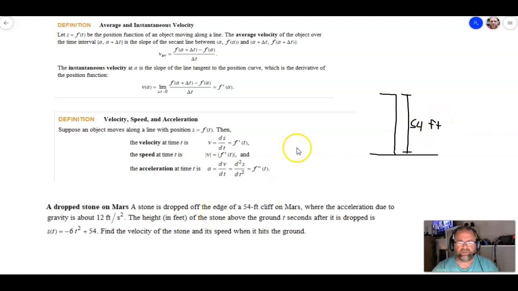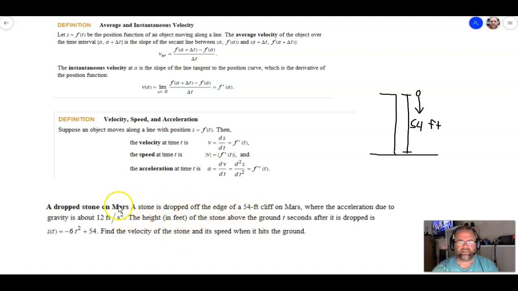And we are dropping the stone off right here. So this is falling downwards, which is generally going to be the negative velocity direction here. So the stone is dropped off this edge.